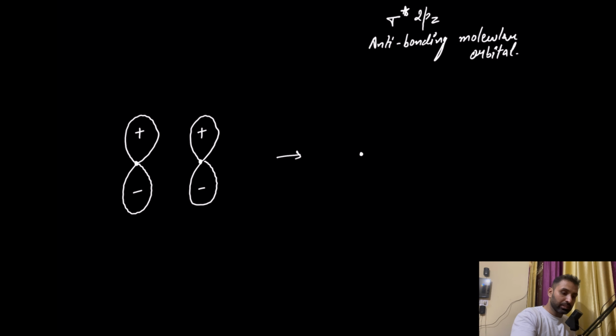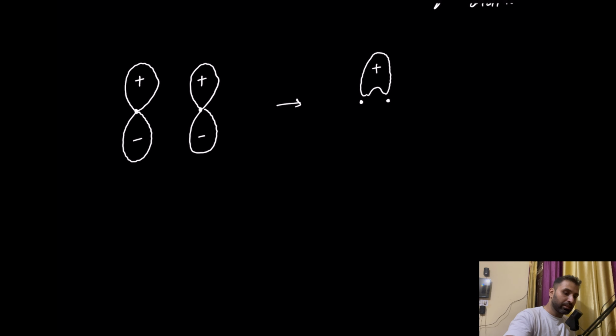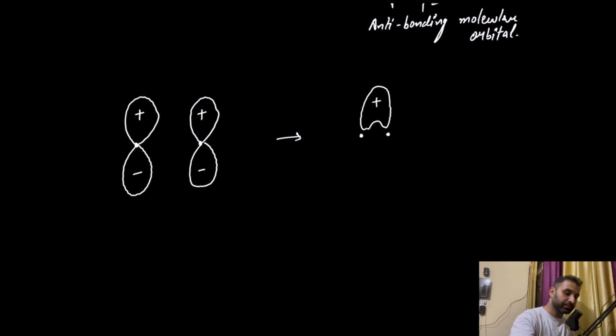So that's the nucleus of first atom, that's the nucleus of second atom. The lobes with same sign fused to form the bigger lobe with a plus sign, and here we got the second lobe with the negative sign.